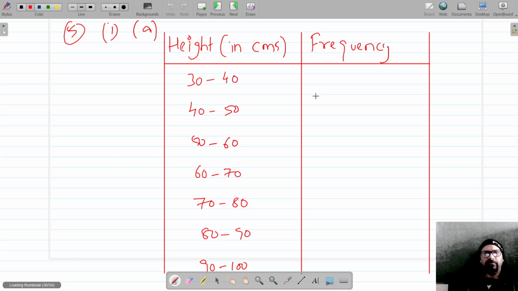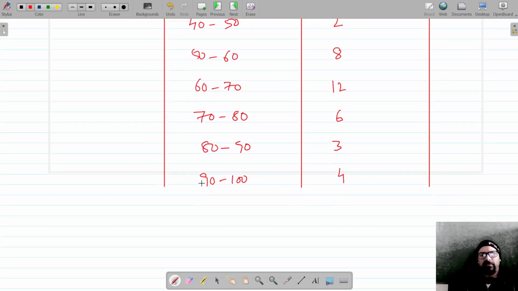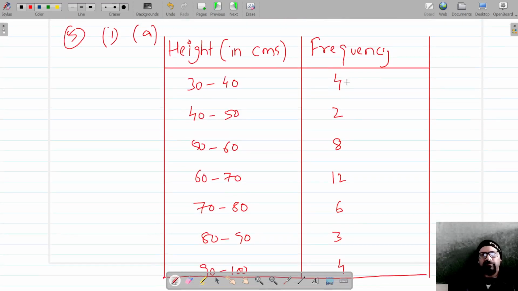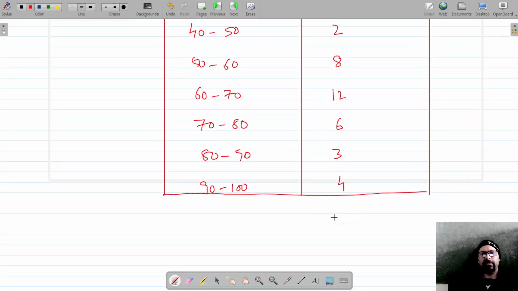So the frequencies are 4, 2, 8, 12, 6, 3, and 4. Let's make out the total as well. The total number of plants is 4 plus 2 is 6, 8 is 14, and 12 is 26, and 6 is 32, and 3 is 35, and 4 is 39.